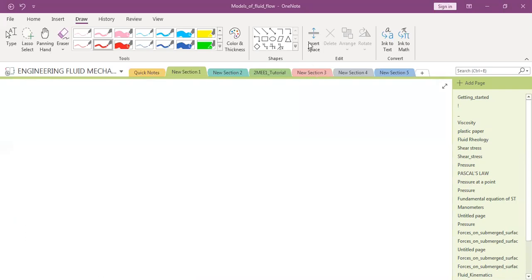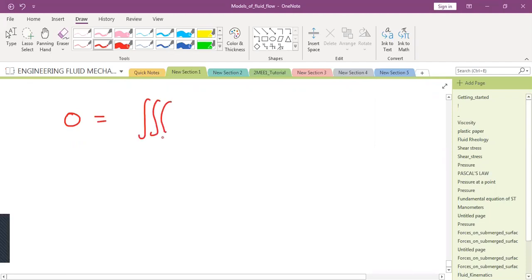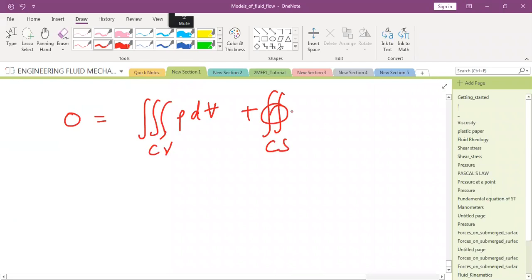Yes sir. Now let me know, I have already written down in case of mass, this was 0 and this was the triple integral over the control volume of rho dV plus the double integral over the control surface of rho V dot dA.